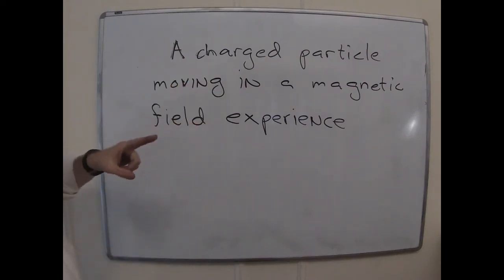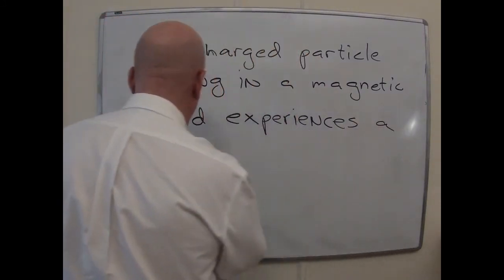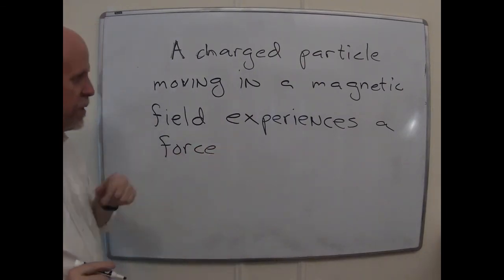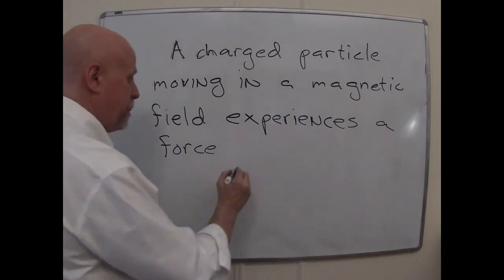If you have a charged particle that's moving in a magnetic field, it experiences a force. And the way this force works, it's perpendicular to the direction of motion. So it's also perpendicular to the magnetic field.